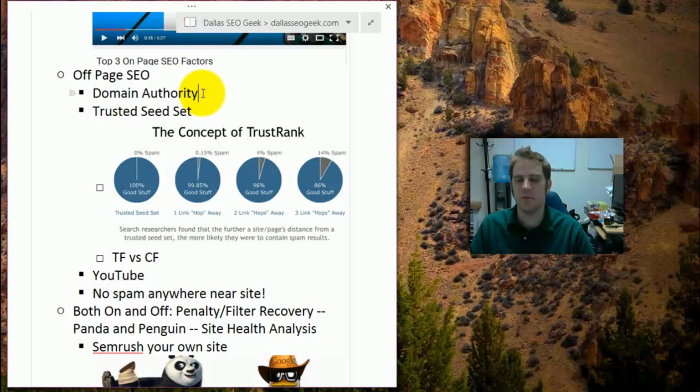And so a trusted seed set would include really massive sites that you've heard of before: Google, Facebook, Twitter, Pinterest, massive authority sites. And they found that if a site was heavily linked to by trusted seed sets, it was much less likely to be spam. The further away your links get from that trusted seed set, the more likely you are to be spam. Okay, and so what are the implications of this?